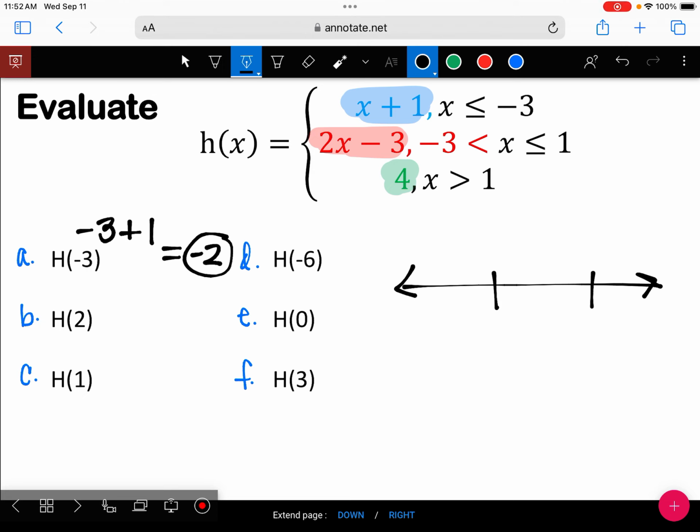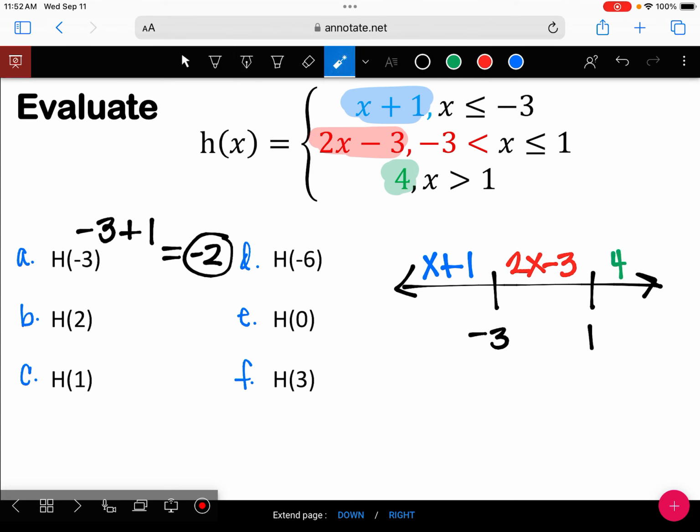So I got this here. And so I have the x plus 1. That's what I use if the number is over here. If the number on the number line is in between -3 and 1, then we're going to use 2x minus 3. And if it's greater than 1, then the answer is 4.